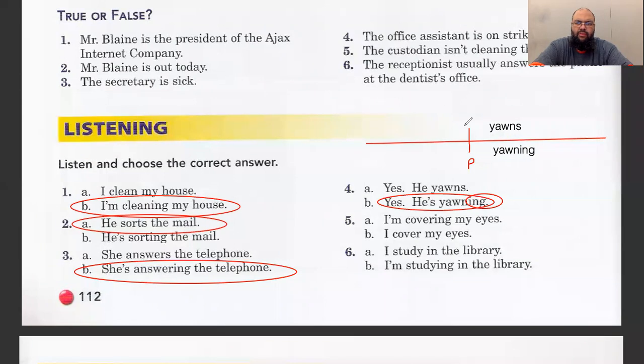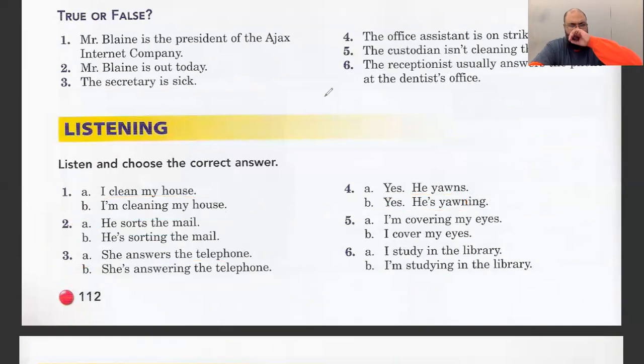So this means he's yawning. It means that it's happening this time, right now. When is it happening? Now. He yawns can happen one time here, around the present. It happened just now. That's it. It happened. Done. Okay. Let's continue on.